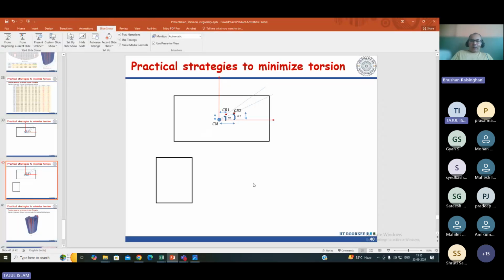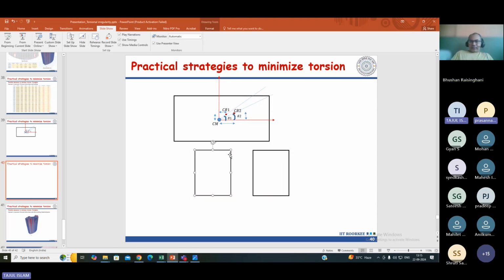But I don't think the code is allowing this type of arrangement. Code is not allowing. But if you want to design, you have to give an expansion joint. Yeah, what we are doing is dividing the entire structure into 3 parts. Yes, right. So something similar to this.